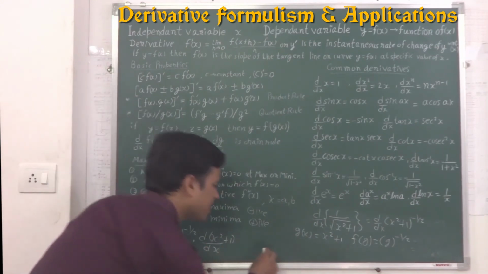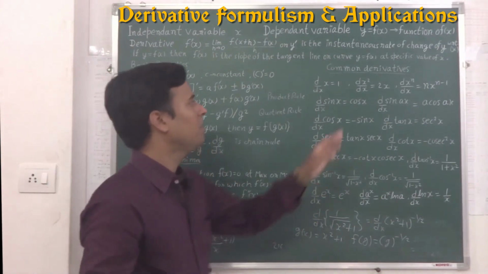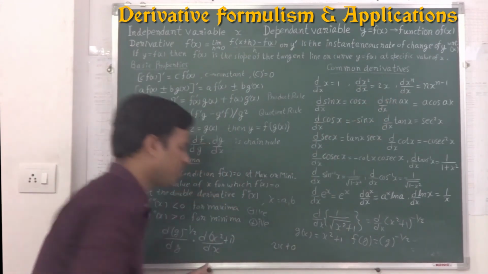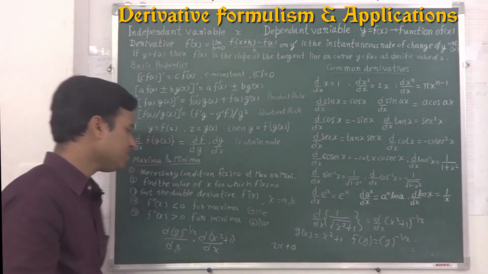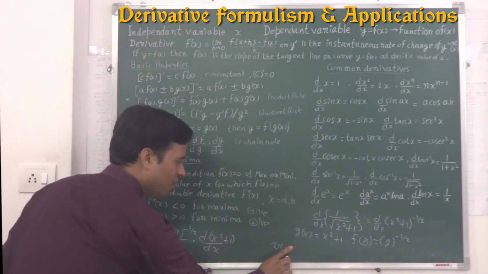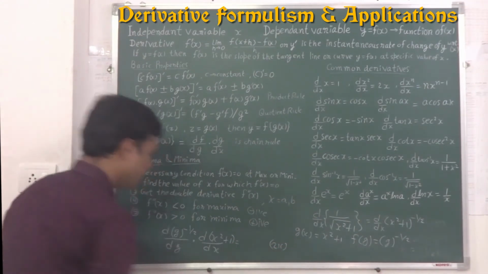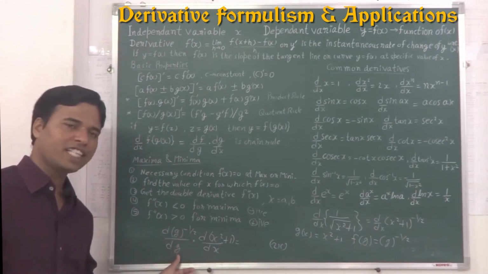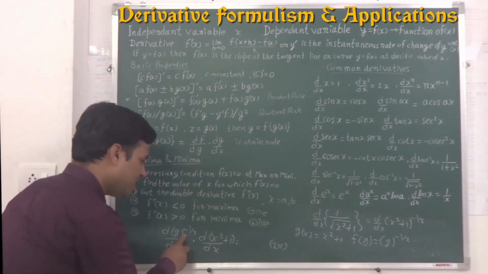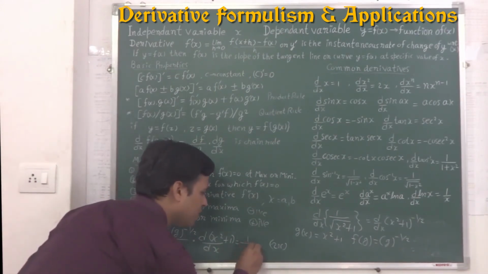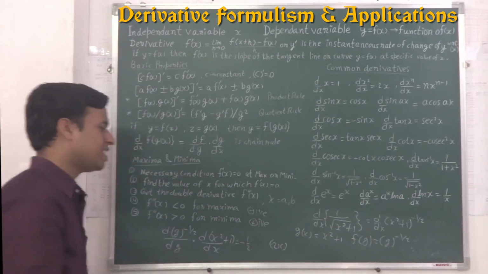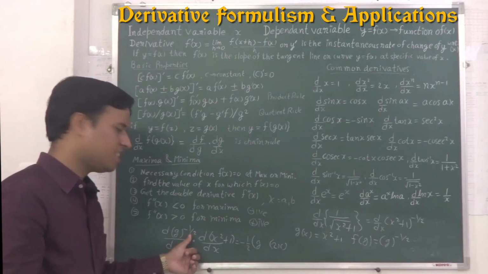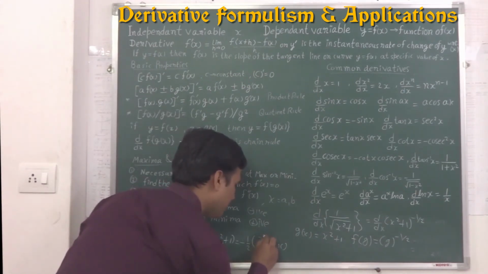The derivative of x square is 2x, and the derivative of 1 is 0 because 1 is a constant quantity. Then we can write it as only 2x. The derivative of g power minus 1 by 2 with respect to g: this power will come forward, minus 1 by 2, multiplied with g power 1 less than this power, so it is g power minus 3 by 2.